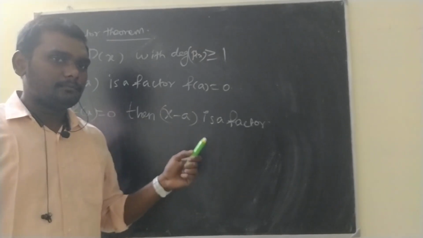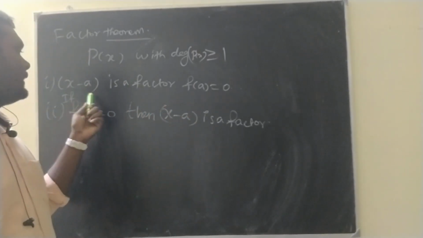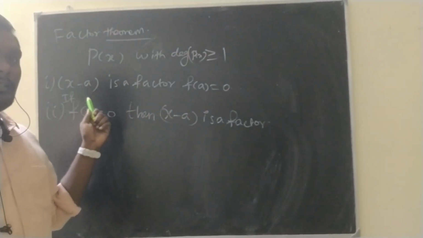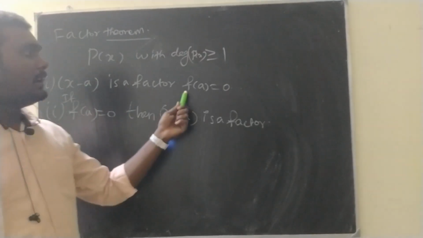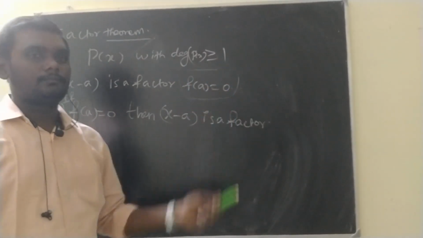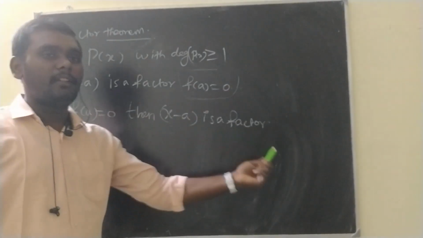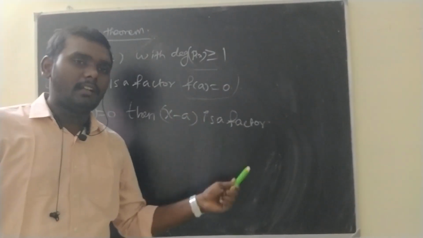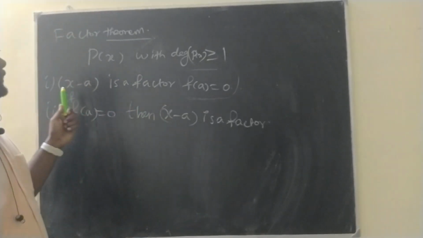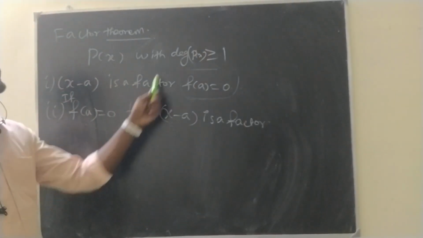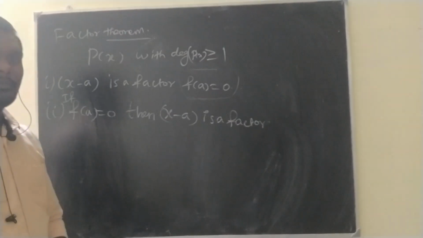While dividing by x minus a, the remainder is given by f of a. If that f of a becomes 0, we can say x minus a is a factor. This is the factor theorem. And if x minus a is a factor, then we can say f of a is 0.